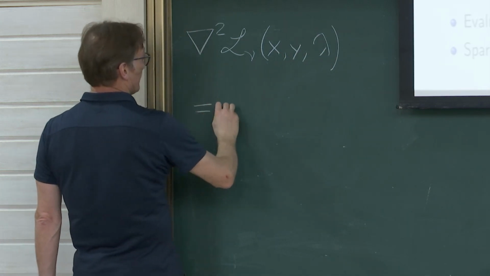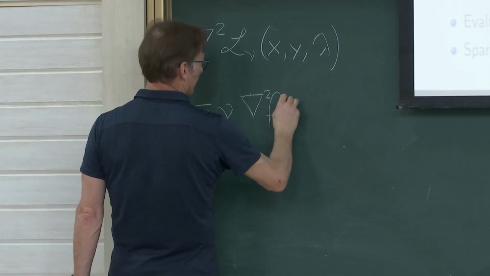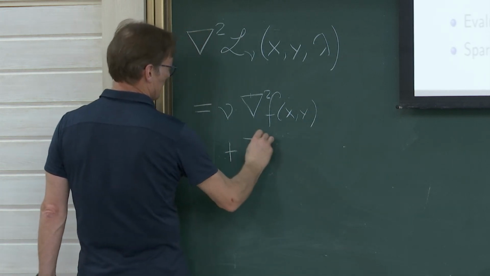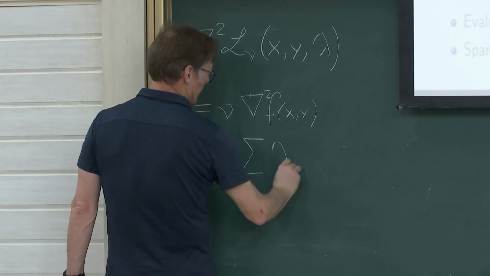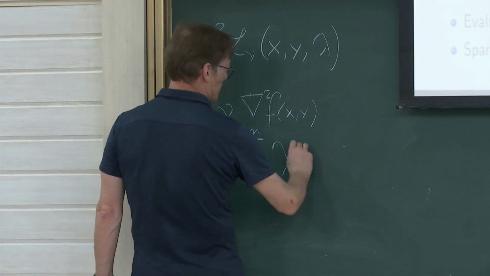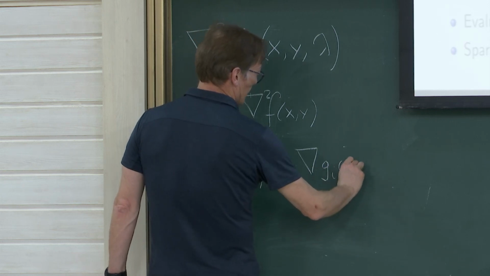For this problem, that's mu times the Hessian of f, plus the sum of lambda_i times the Hessian of the constraints.